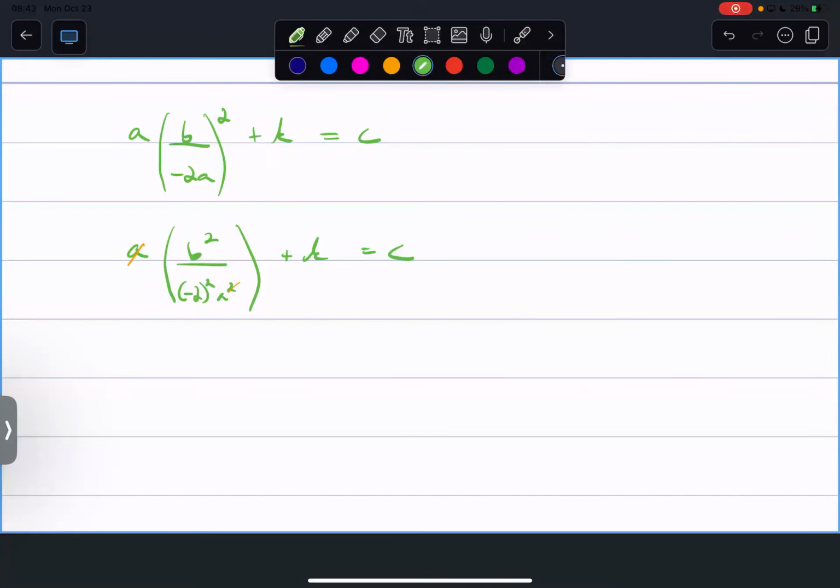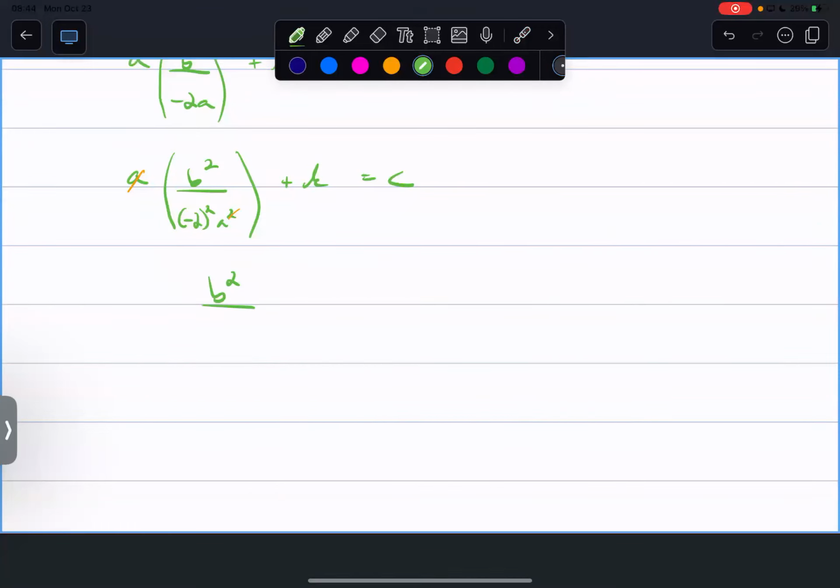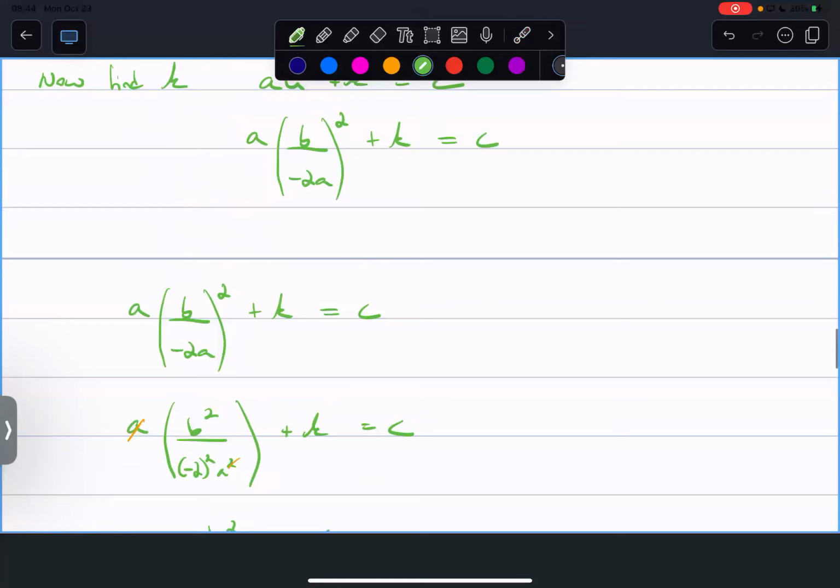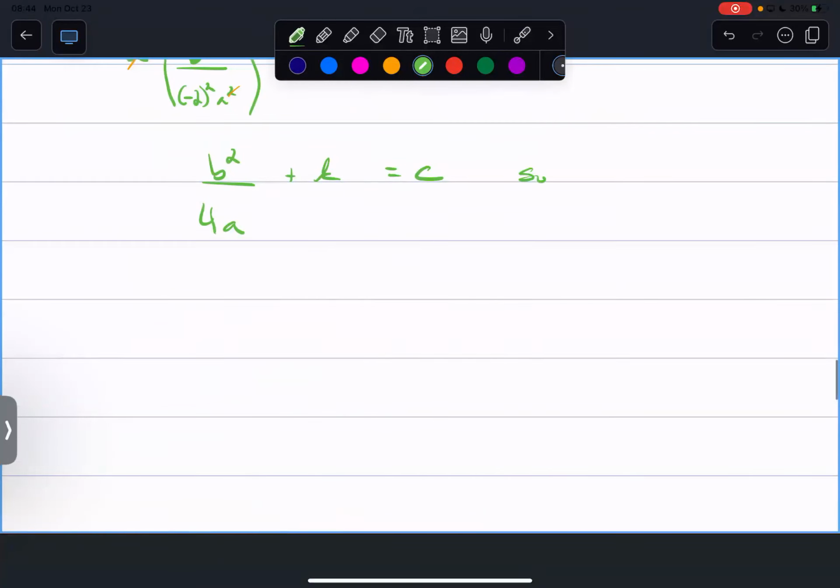And now I have B squared over 4A plus K is equal to C. But I'm trying to solve for K, and so K in terms of A, B, and C. Now solve for K. I get K is C minus B squared over 4A. Could put it over a common denominator, but I think we'll leave it there.